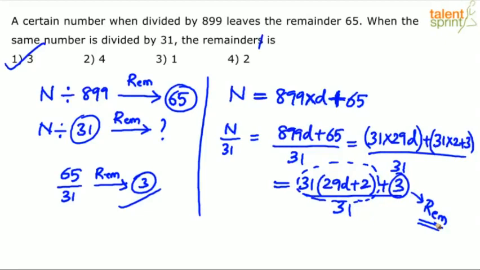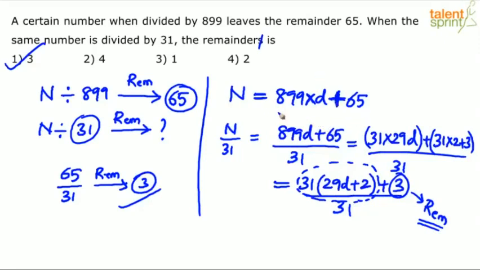How can we divide by 31, sir? I think I got this query. I hope you have followed the traditional method. The traditional method explains it all. The number n can be taken as 899 multiplied by some value d plus the remainder 65.